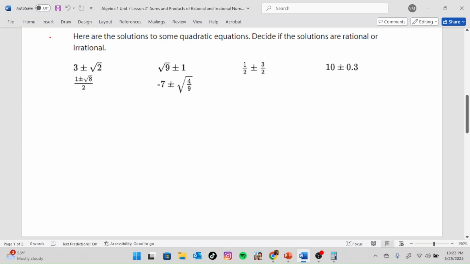Practice problem number 2. Here are the solutions to some quadratic equations. Decide if the solutions are rational or irrational.